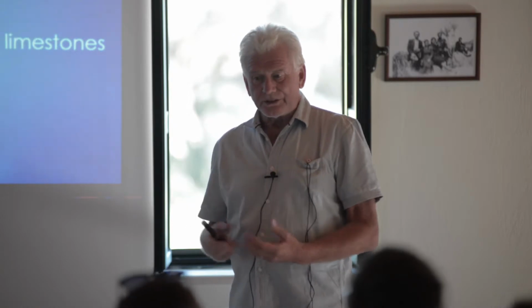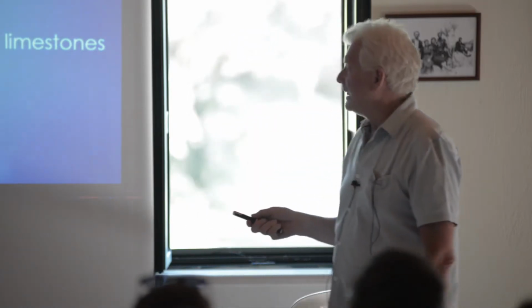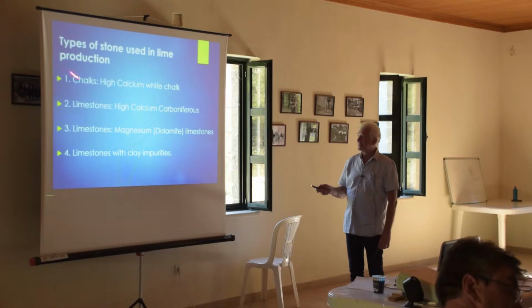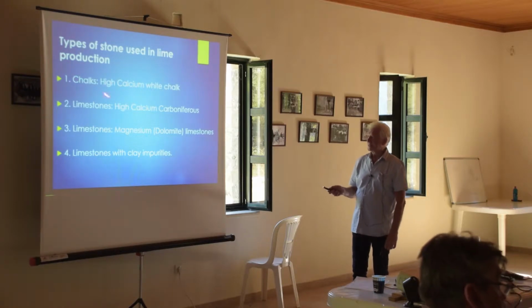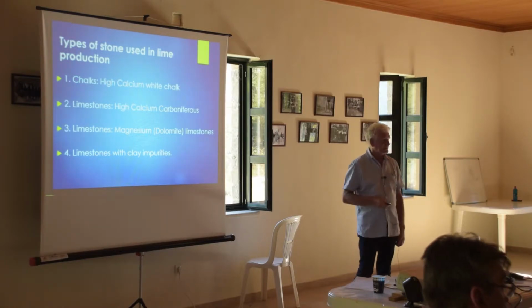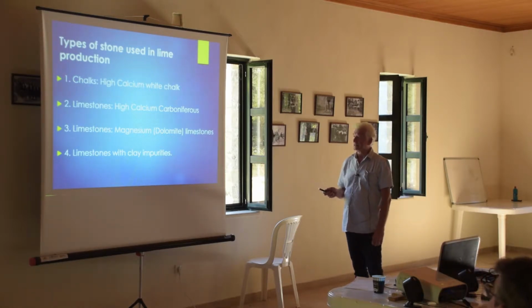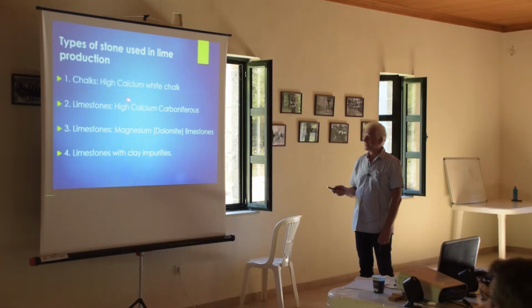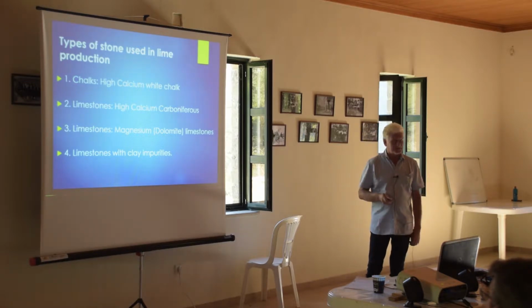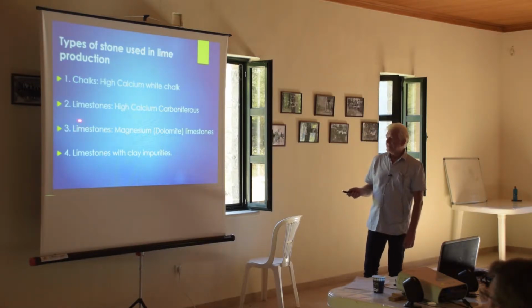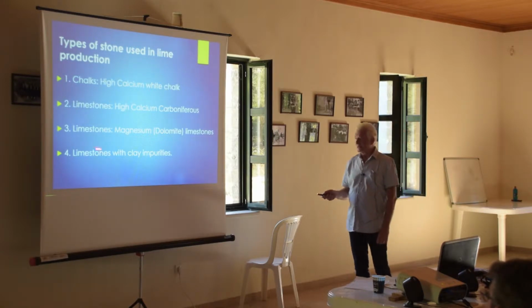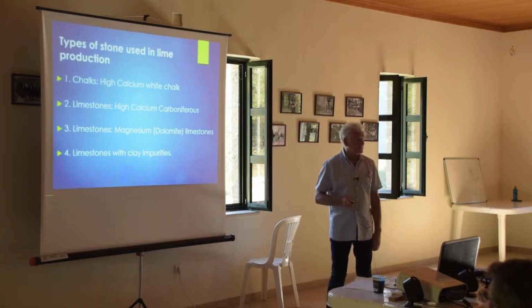So, the types of stone that were used in lime production. The important thing is to remember that they have high calcium content. So, chalks have high calcium content. Limestones, high calcium, carboniferous. Different types of limestones, magnesium dolomite limestones, and then limestones with clay impurities.